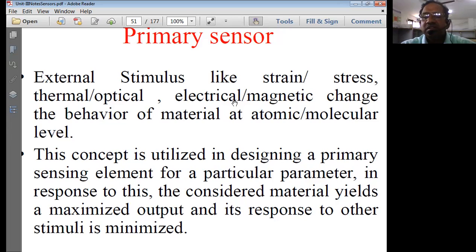In the case of the general sensor definition, we can say that it provides electrical output for the stimulus at the input. Coming to the primary sensor, it is somewhat more specific. An external stimulus like strain, optical, thermal, electrical, or magnetic signal change, which changes the behavior of the material at the atomic or molecular level, is known as a primary sensor.